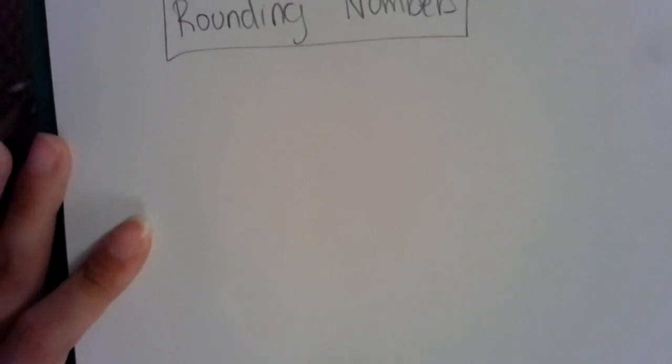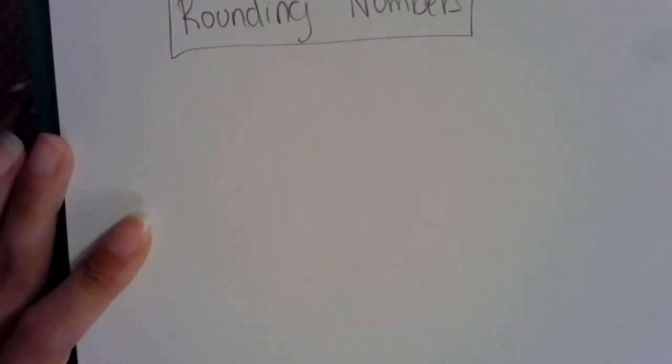So I'm going to show you how to round numbers, and we're going to be focusing on decimal numbers, numbers that have digits after the decimal. There are a few rules that we need to remember.